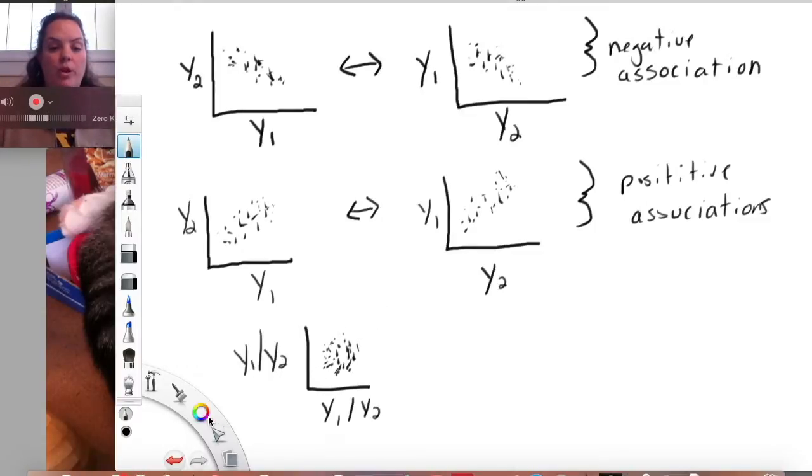Alright, so what we really want to do whenever we are looking at correlations is establish a sign, positive or negative, and a degree of association.